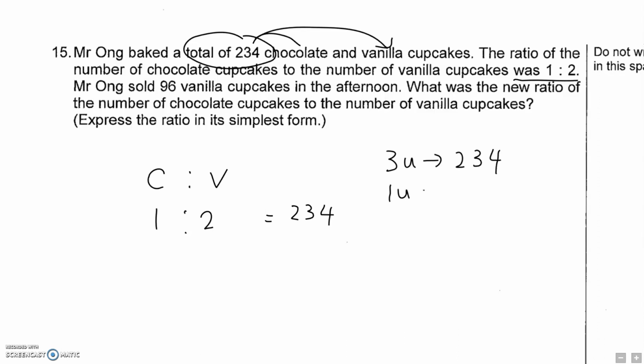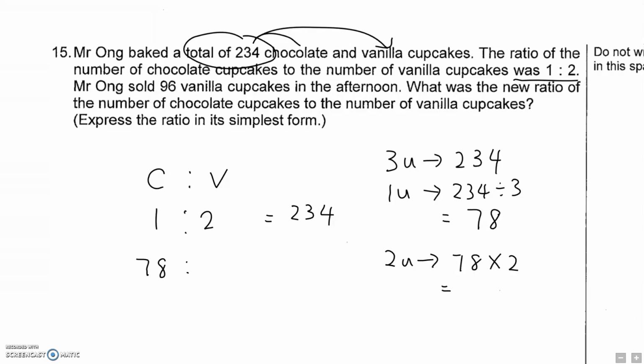Common sense tells us we need to find for 1 unit, which is 234 divided by 3. That gives us 78. Okay, very interestingly, we know now the chocolate has 78 and we know that the vanilla will be 2 units. So let's find 2 units. 78 multiply by 2 gives me a total of 156.